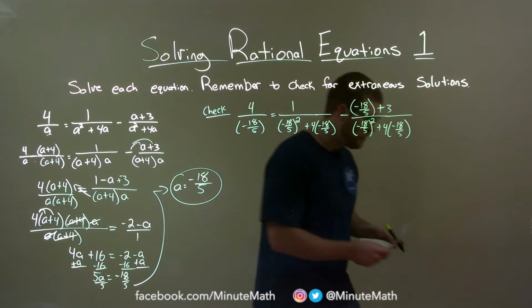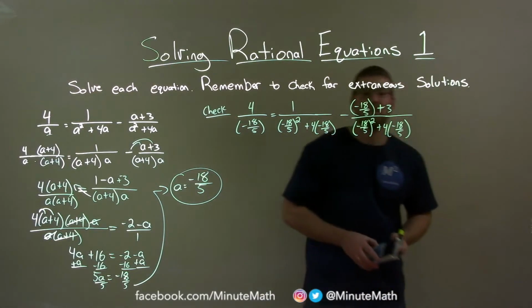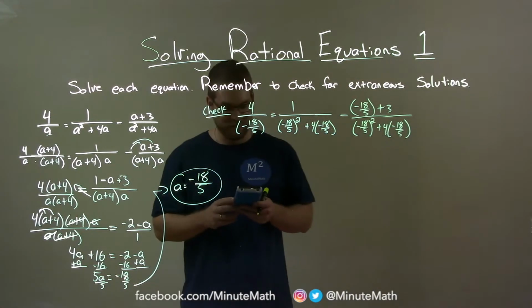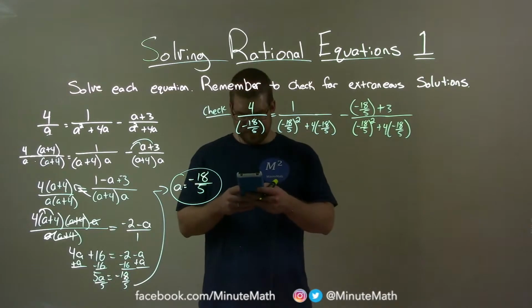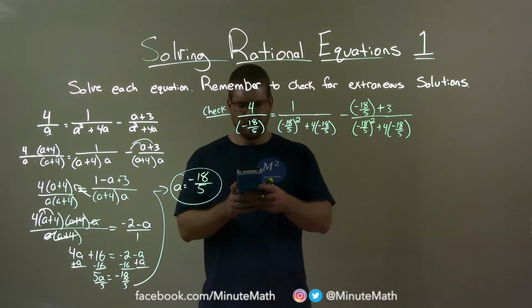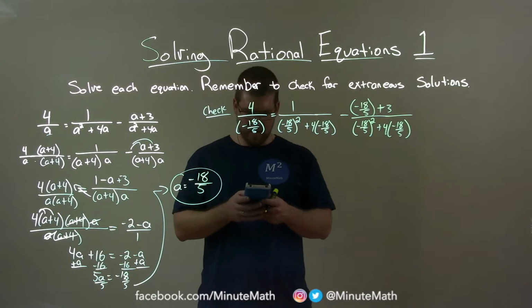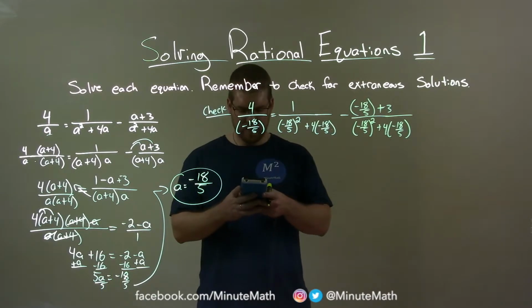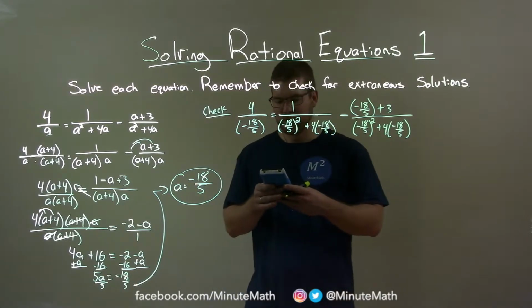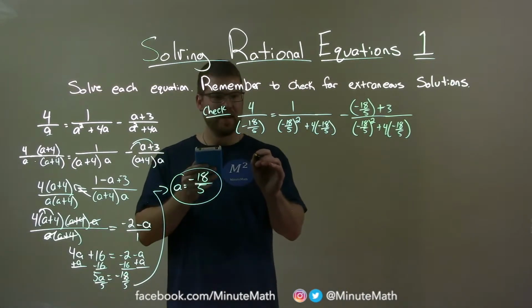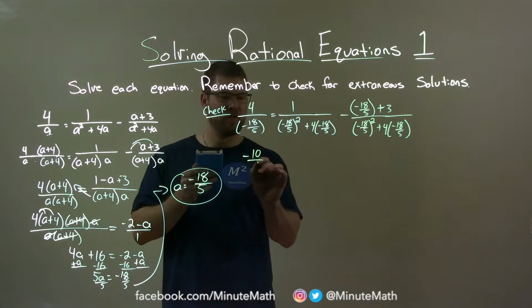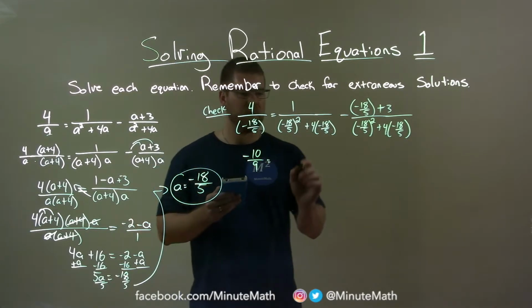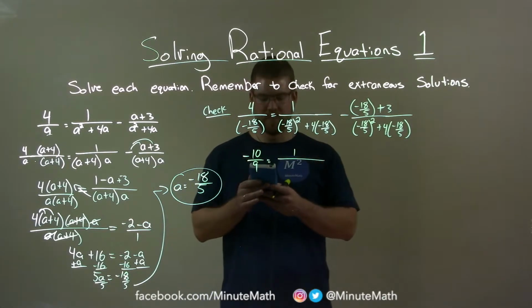Okay, now I'm going to use my calculator to solve the rest of this, because I'm not going to do all these fractions here. It would take forever. So let's do the first one, 4 divided by negative 18 divided by 5, and that gives us a fraction of negative 10 over 9. Let's keep going and focus on the denominator.